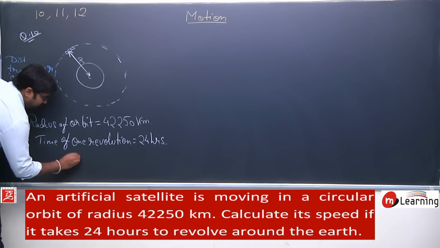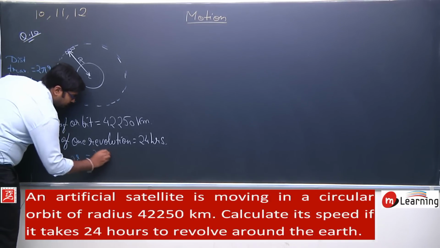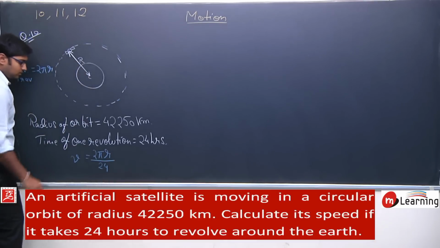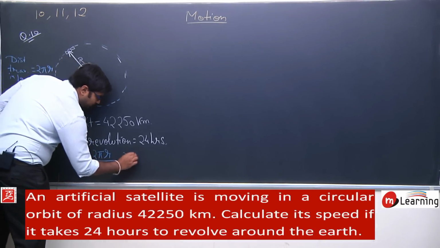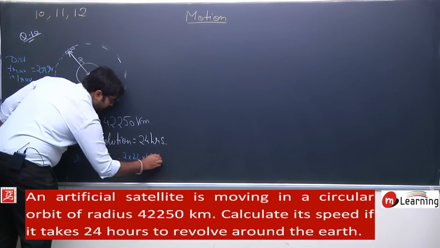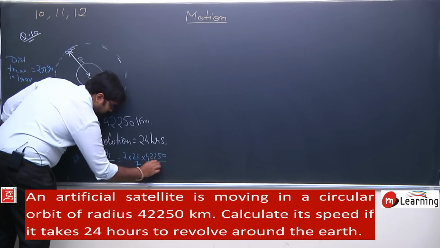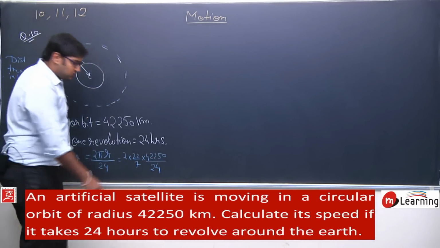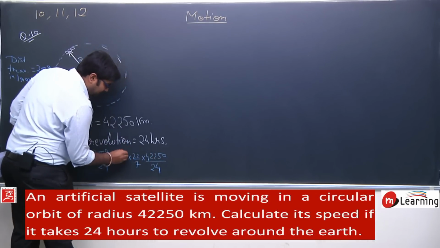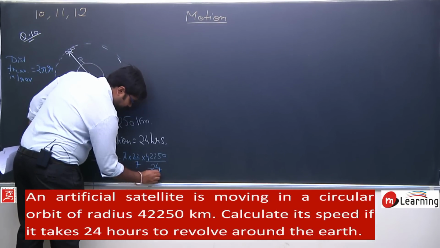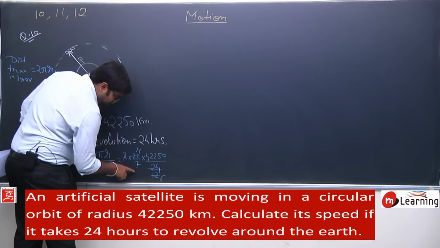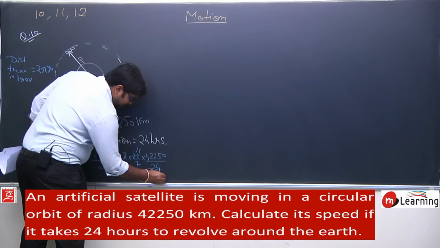So the speed will become 2 pi r upon time period, which is 24. So now I can write it as 2 into 22 upon 7 into 42,250 upon 24. So we have to solve this. This will not get completely cancelled. This is 2 and this is 12, then this is 6 and this is 11. So 11 into this upon 42. I can cancel this as well.